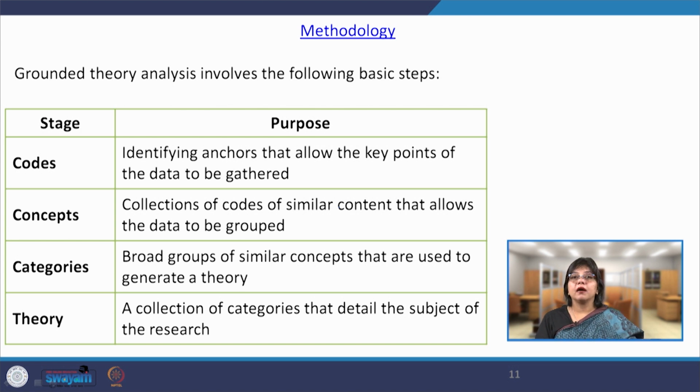So, codes refer to identifying anchors that allow the key points of the data to be gathered. The major problem is highlighted, and how that problem or any solution is leading to different kinds of interactions and perspectives. So, that is the code, the nodal point. The other is concepts, a collection of codes of similar content that allows the data to be grouped.